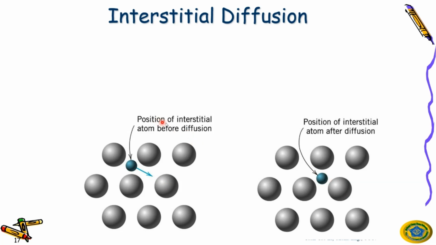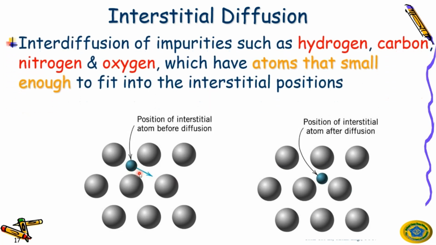So this is the position of the interstitial atom before diffusion, and this is after diffusion. So you have a space to move. So in the diffusion of impurities such as hydrogen, carbon, nitrogen, oxygen, these are all small atoms, small enough to fit into the interstitial position.